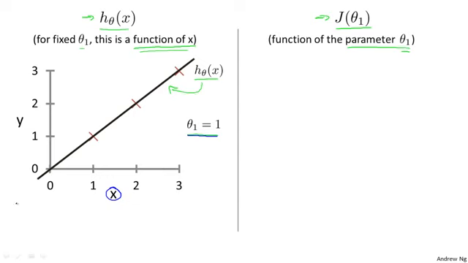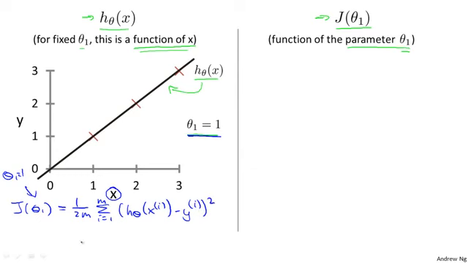What I want to do is figure out what J of theta 1 is when theta 1 equals 1. So let's go ahead and compute what the cost function is for the value 1. Well, as usual, my cost function is defined as follows: sum over my training set of this usual squared error term.